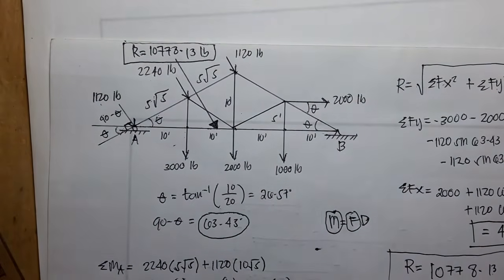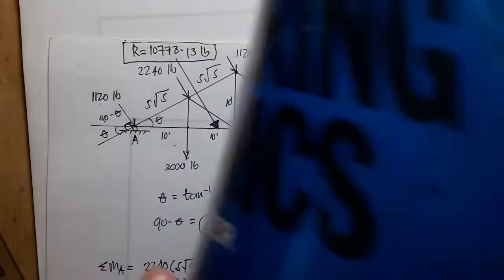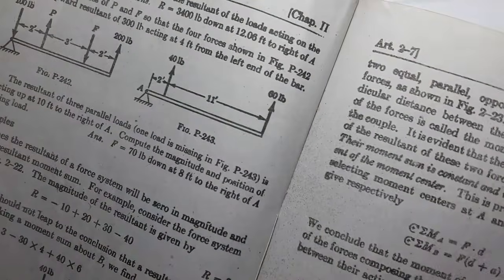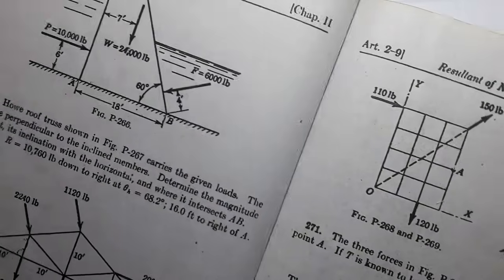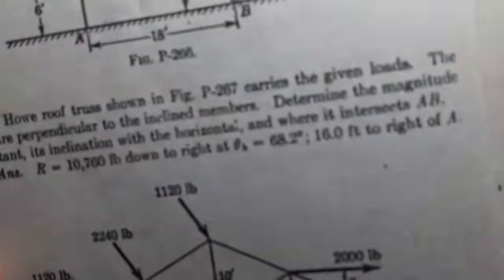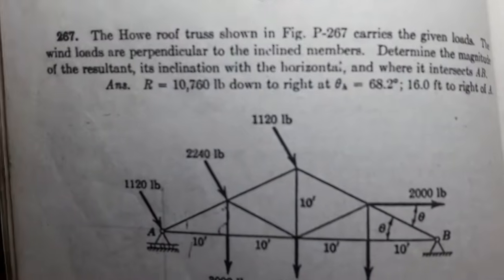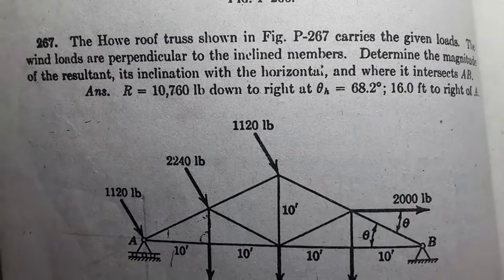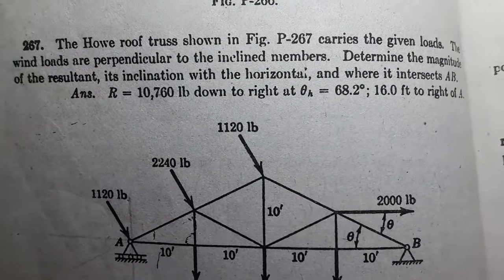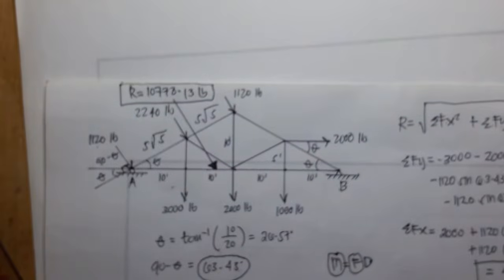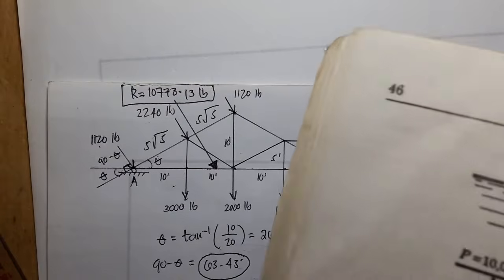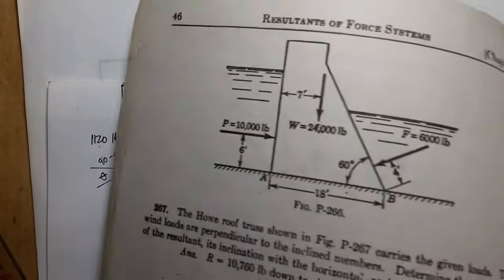So if you notice earlier, the book gives us 10,760 pounds of resultant, but in our solution we got 10,778 pounds.